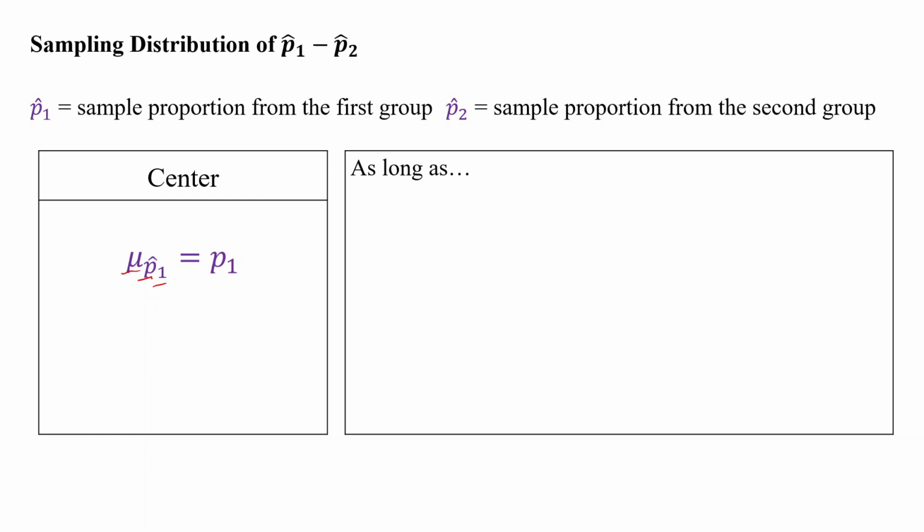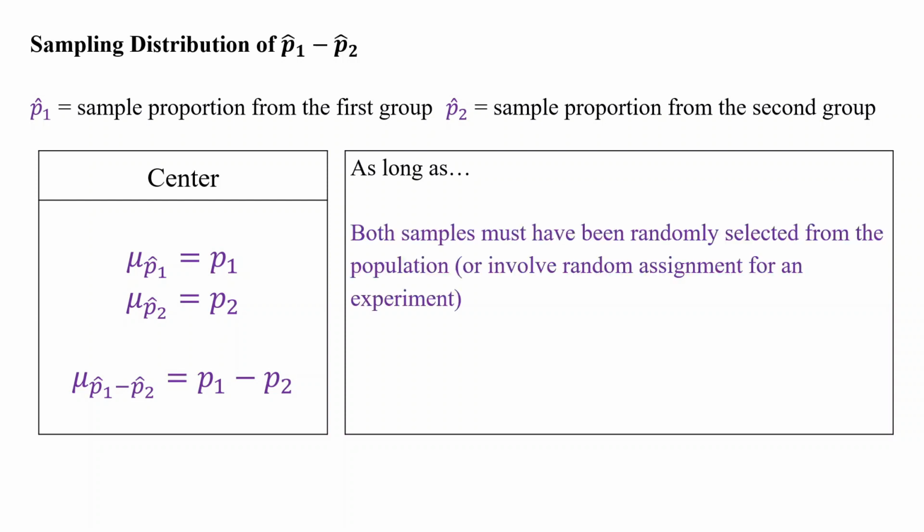We know that that's equal to the first population parameter. Same thing with the second. So when we take the difference, we're going to subtract the two. This is as long as both have been randomly selected from the population or involve random assignment for an experiment. So the center is the difference between the two population parameters.